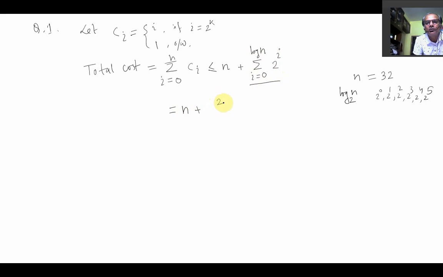The first term is 1, you know the GP series, that is 2 power log n plus 1 minus 1 by 2 minus 1. This is basically n plus 2 power log n base 2. What is this one? All of you know about this. That is basically n. What is this thing? 2 power log n.